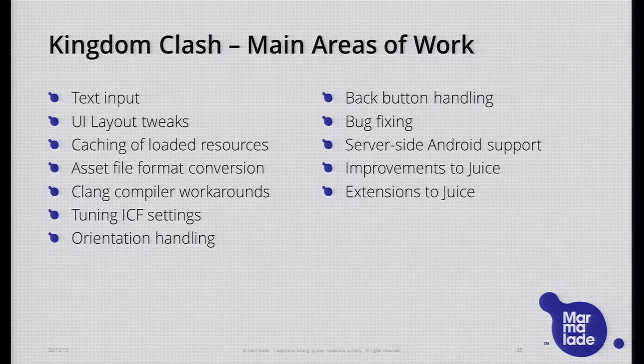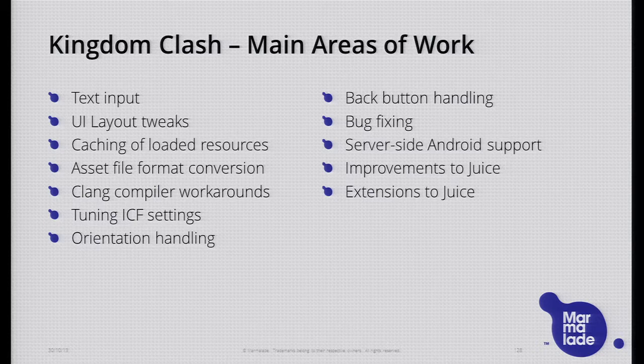So these are the main areas that we actually had to do some work on, mostly across the game side of things. So we had to make some adjustments on text input. The keyboard functioned fairly differently to iOS, so we made use of the Marmalade IME extension to sort that one out.